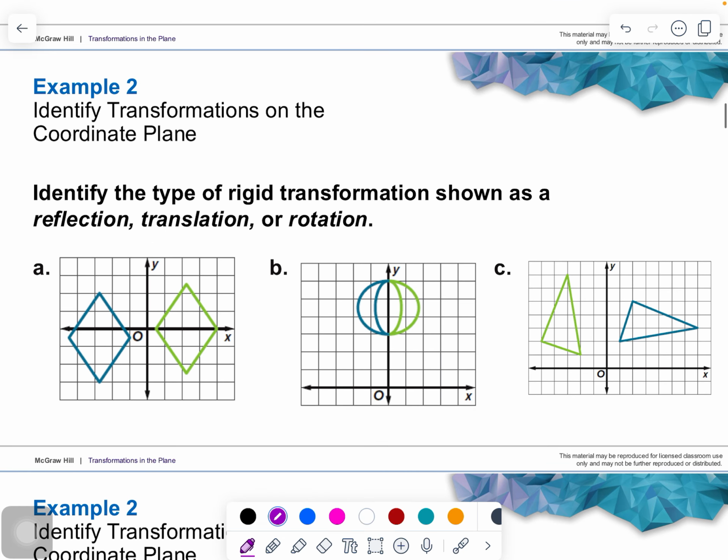Identify the type of rigid transformation shown here. So if all of these went from blue to green, what happened? It appears as if this point slid to that point, so I would call that a translation.